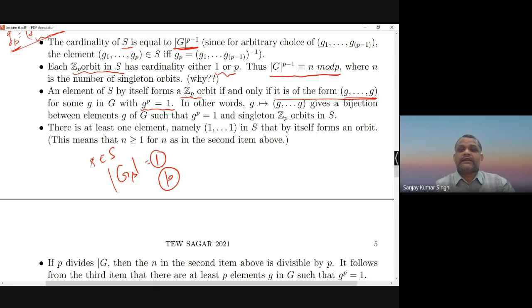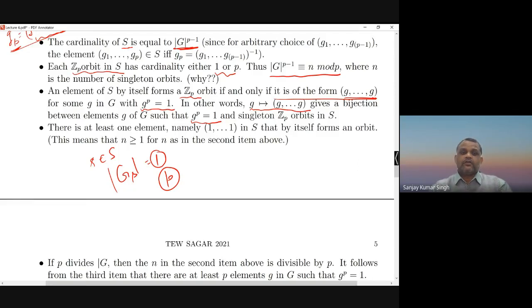Hence, this gives you a bijection between the elements of S whose orbit is singleton and the elements g whose power g^p is equal to the identity.